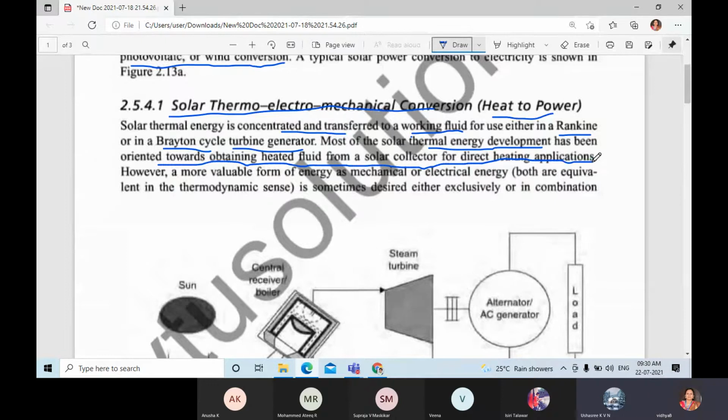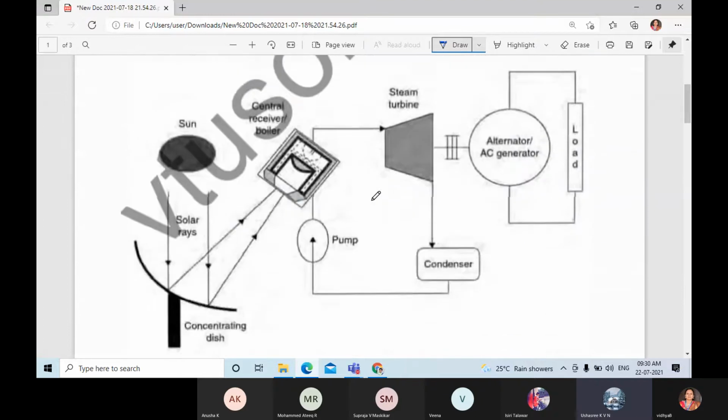A more valuable form of energy is mechanical energy or electrical energy, and this is the diagram of solar thermo-electromechanical conversion.